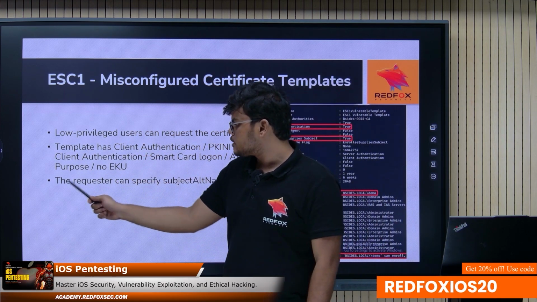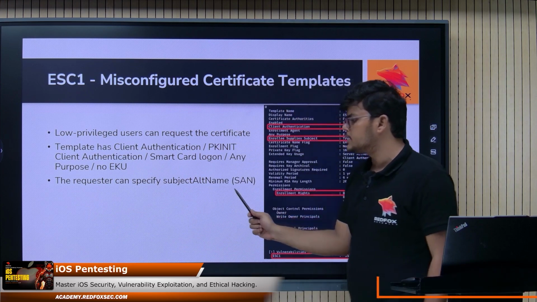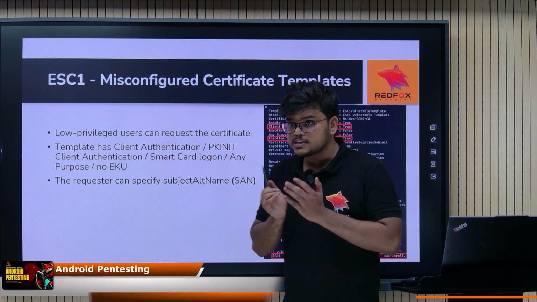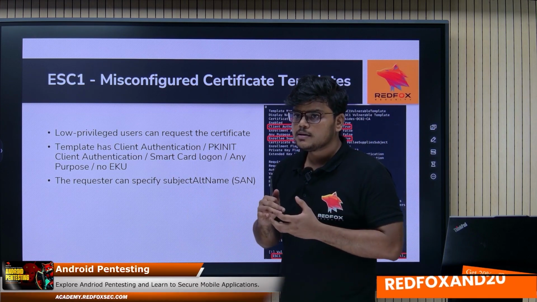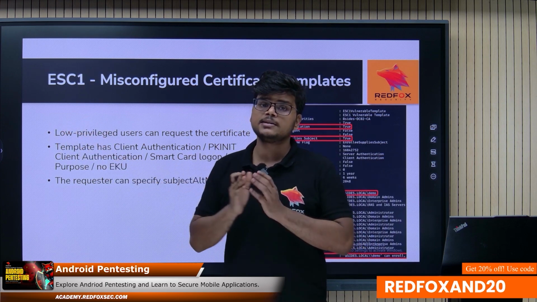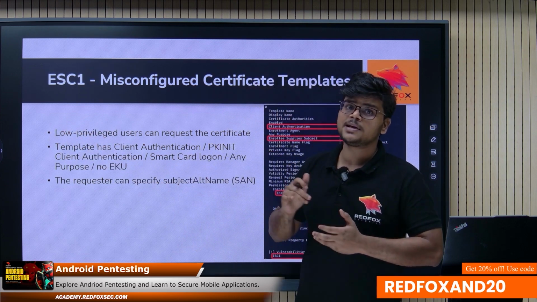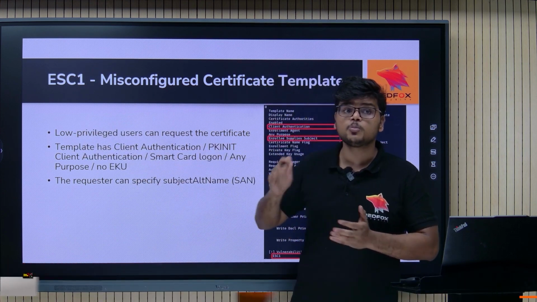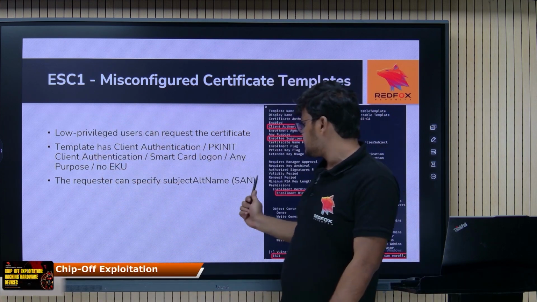Other thing is that the requester can specify the subject alternative name. It means the requester can supply any other requester's name. So I can supply the domain admin name as well. It means I can ask for a certificate for domain admin if this property, the SAN, is enabled.